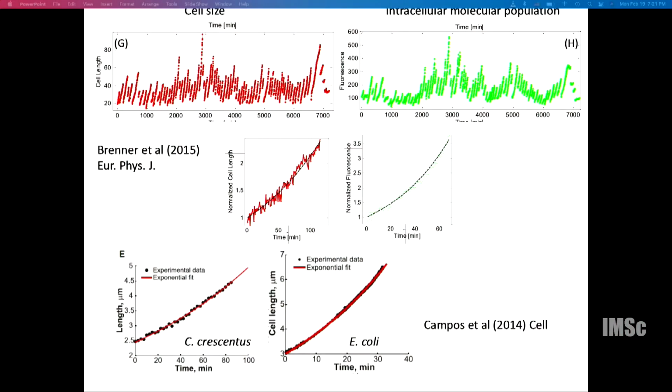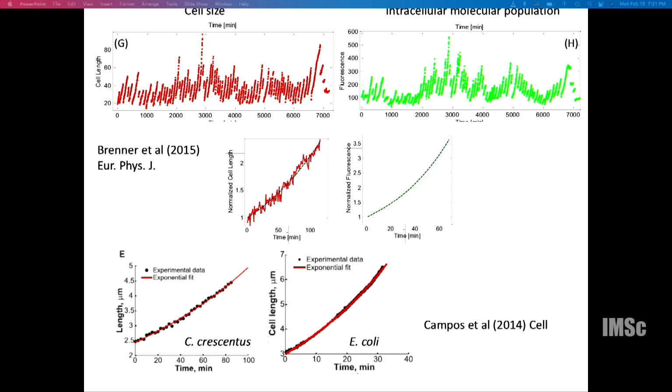Time is on the x-axis again, and then when the cell divides, the thing abruptly falls, and one of the daughters is tracked. So these traces are cells growing and dividing, and you're measuring the length of one lineage of cells, starting from some mother cell, then one of its daughters, then another daughter, and so on, as it divides into two daughters.